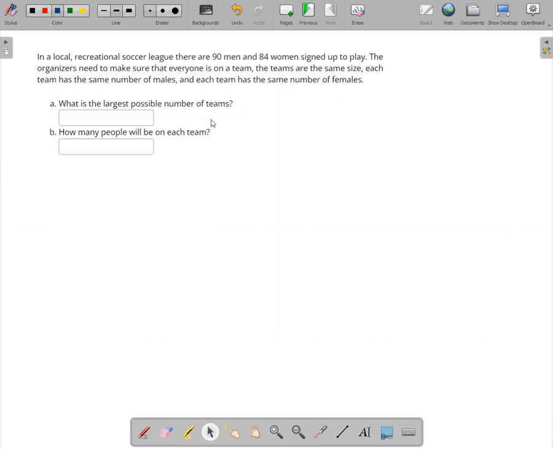Okay. So again, we have 90 men, and we have 84 women. And we want to have the same number of males and the same number of females on each team. And each team has to be the same size.